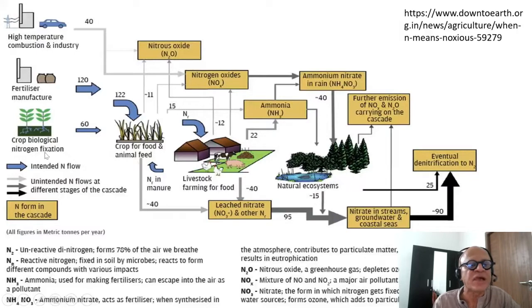There is crop biological nitrogen fixation adding to it, and that is having unintended leaching of nitrite and other reactive nitrogens that eventually make it into streams and groundwaters, coastal waters, and then get denitrified back into N2. Okay. So there are temperature and rainfall effects on all these, especially extreme events and extreme temperatures and so on and so forth.